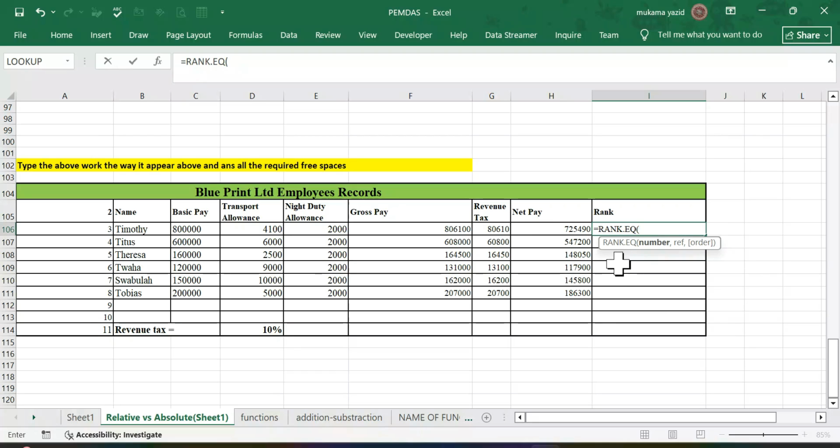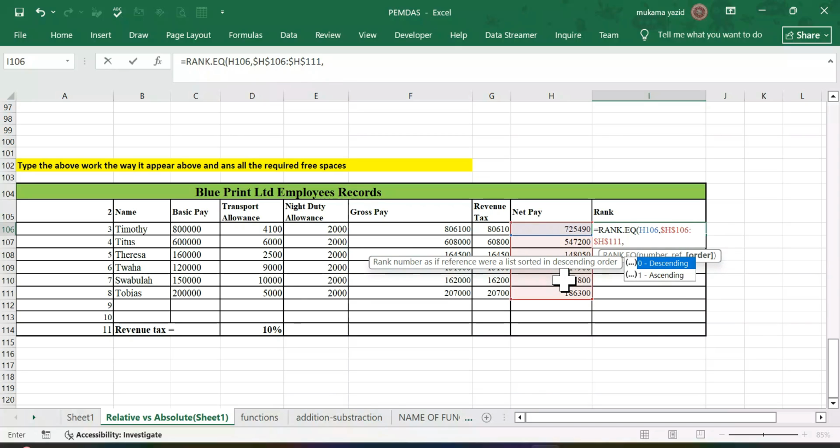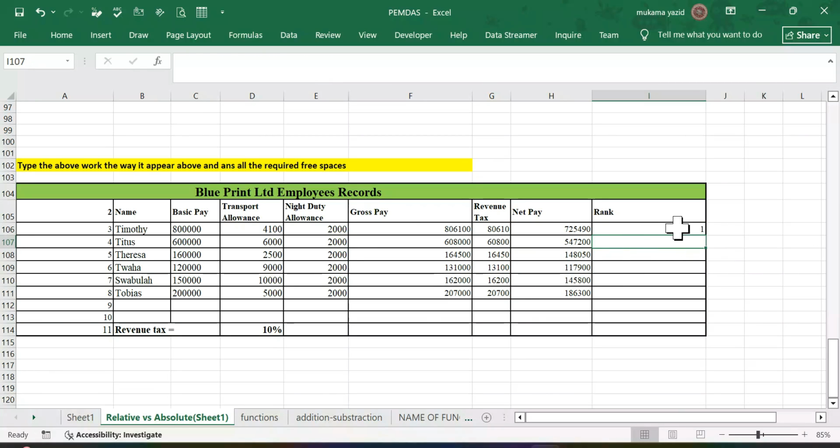We select the number we want to depend on. Then the reference, which is the net pay we want to use. So we lock this one so that it doesn't move. Then we choose order. We're going to choose descending, so that the one with the highest amount should be number one. So we autofill to get the rest of the answer.